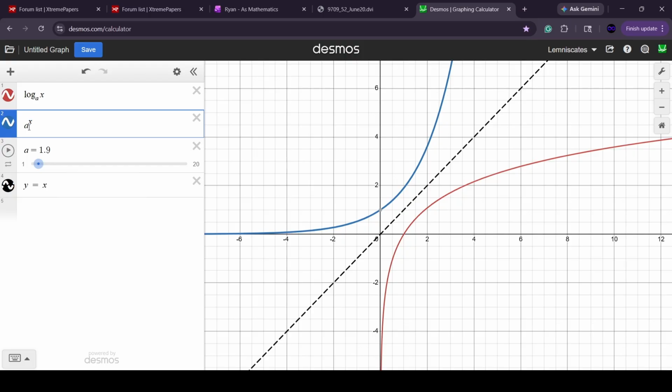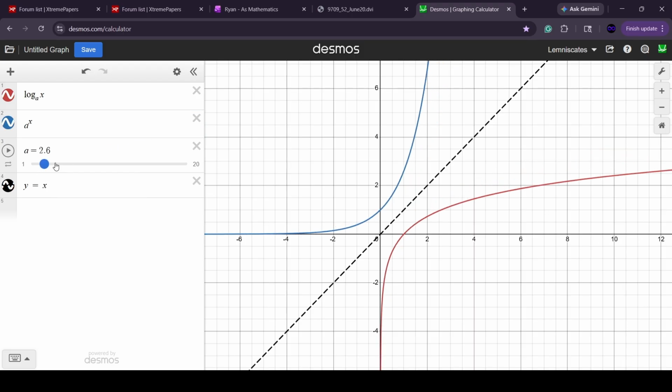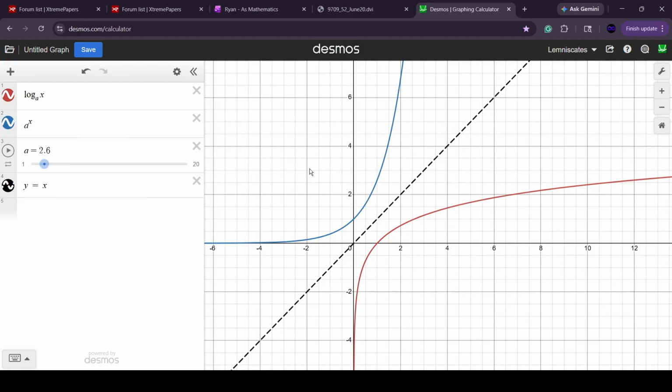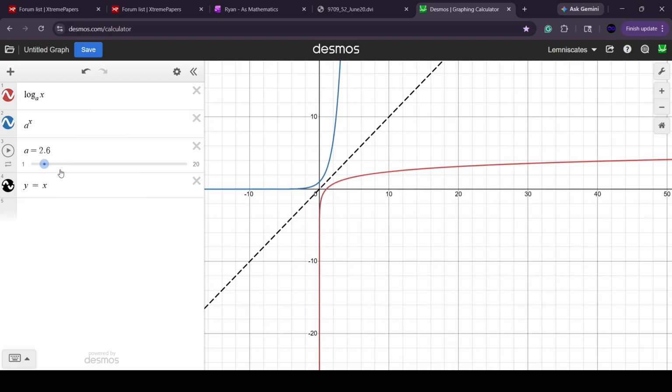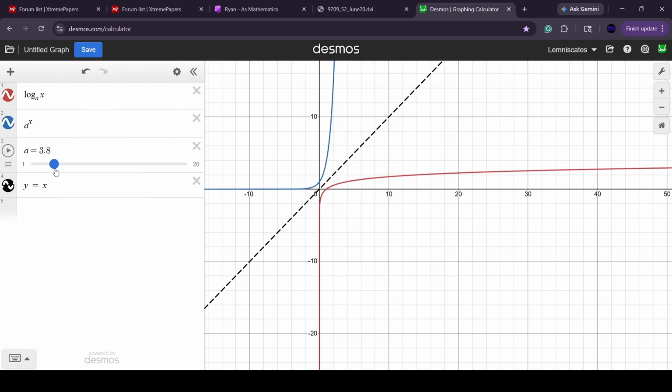I know that a is the base of the log, and for the exponential I'm using a to the power of x. And the y equals x mirror line is drawn over here to show the inverse relationship between the log and its respective exponential function. As you keep on increasing the value of a, you can see that according to the mirror images, they are working exactly like how you expect inverse functions to work.